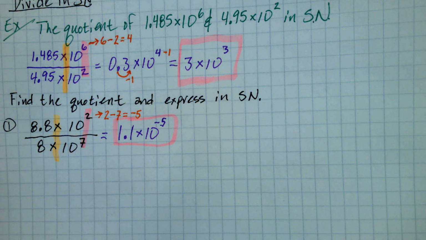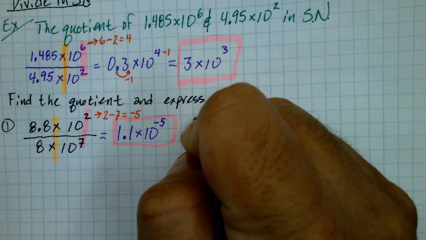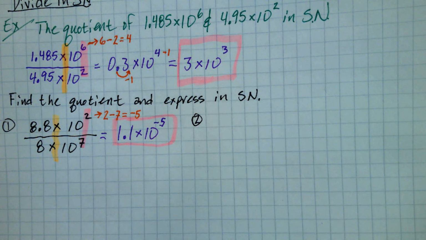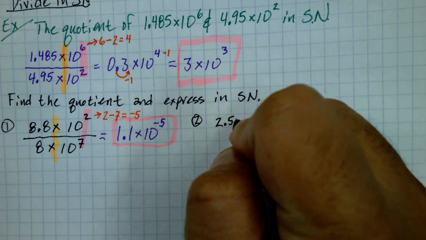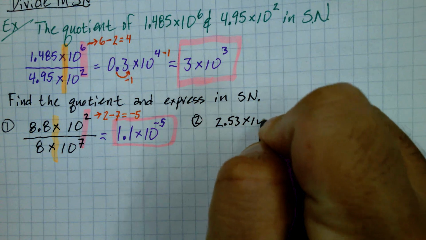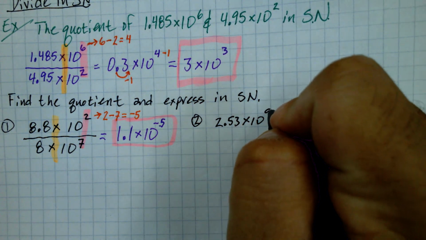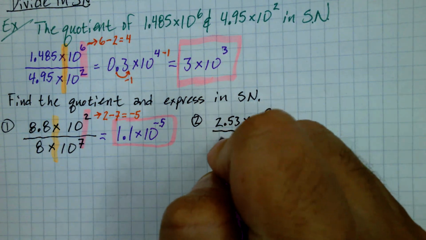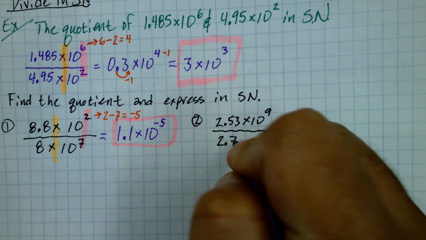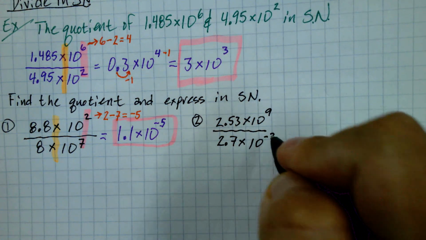Okay, let's try another one. Number 2. 2.53 times 10 to the 9th divided by 2.7 times 10 to the negative 2.